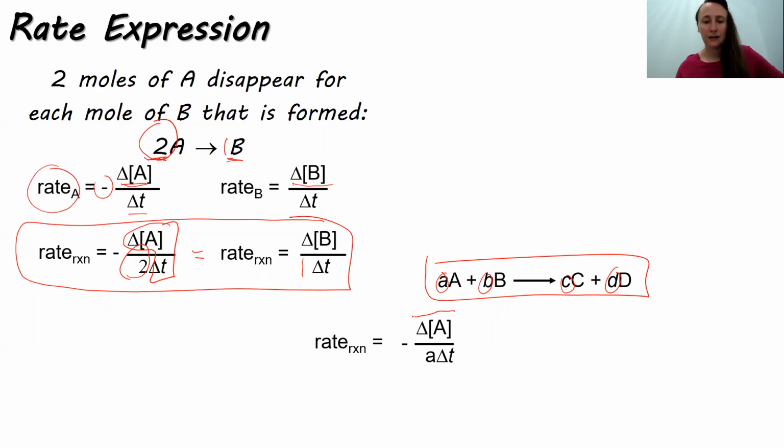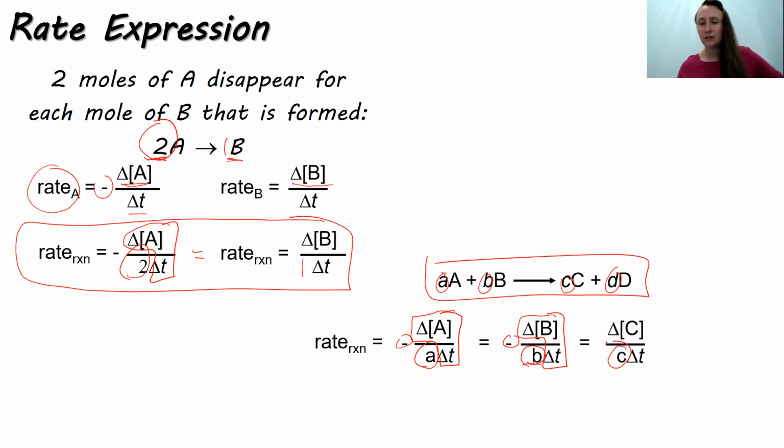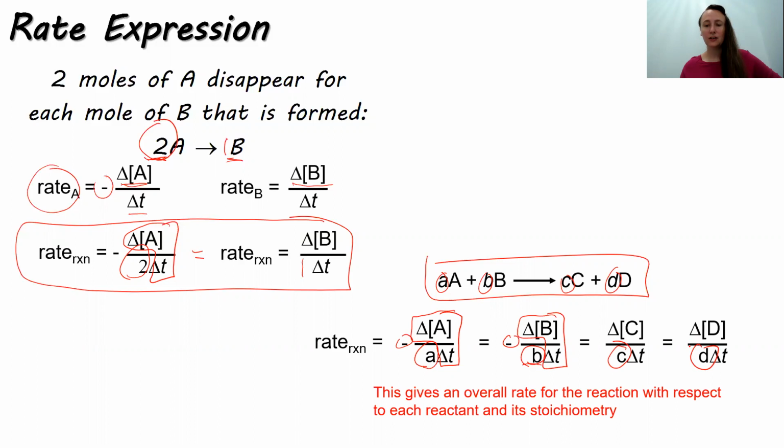So we have the rate with respect to A divided by its coefficient equal to the rate with respect to B divided by its coefficient. Both of these have negatives because they are reactants, and they will equal the rate with respect to C divided by its coefficient equal to the rate with respect to D divided by its coefficient. So this gives the overall rate of the reaction with respect to each reactant and its stoichiometry.